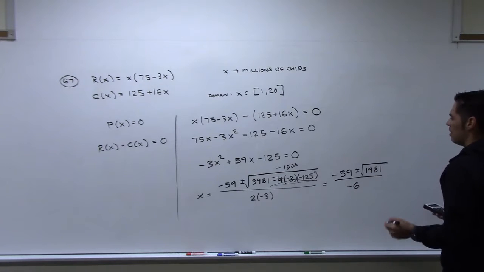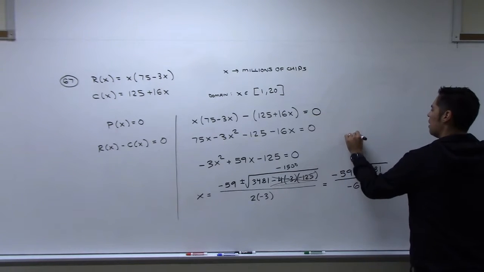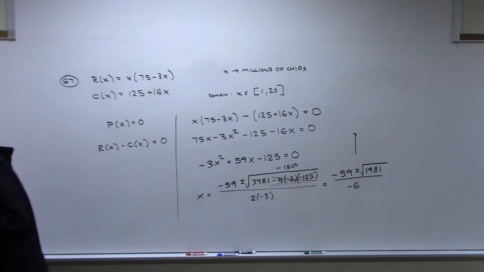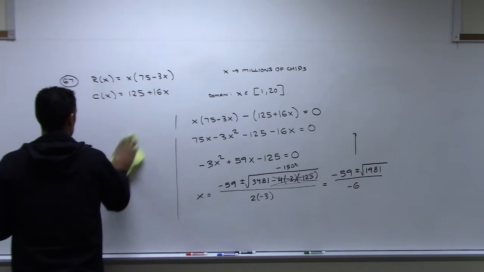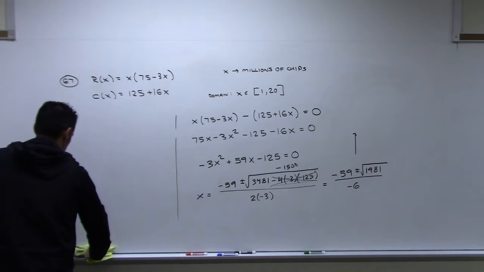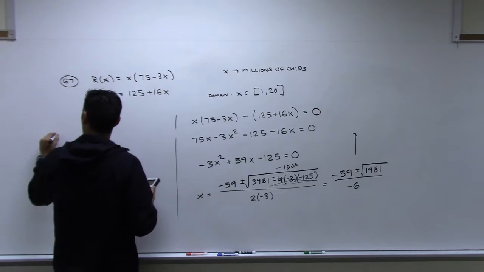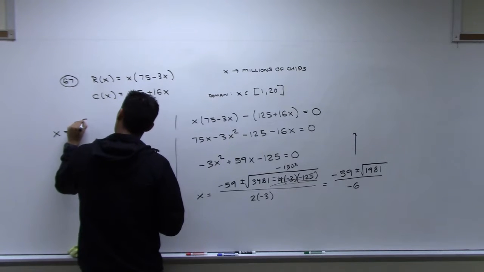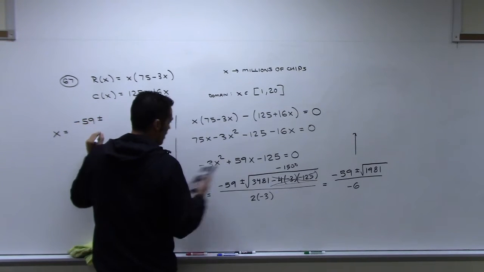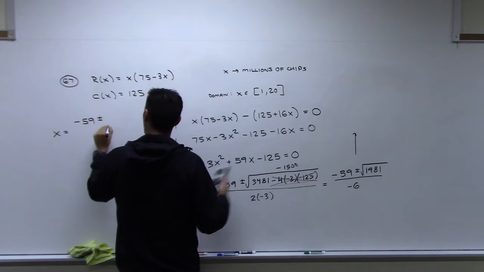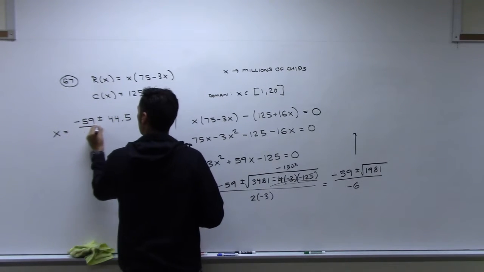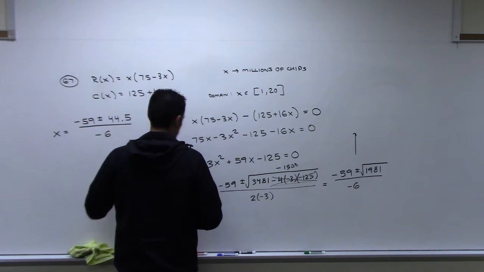The square root is about 44.5, that's good enough. So let me do it over here. Here's what I've got so far. I've got that x must be equal to negative 59 plus or minus, now I put in that the square root was 44.5, all over negative 6.